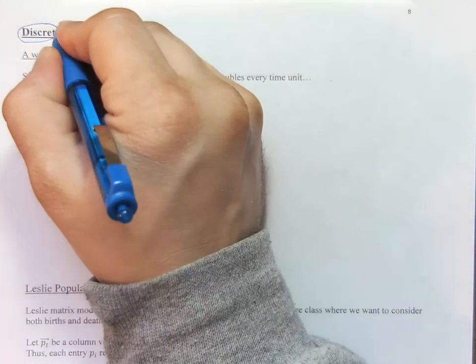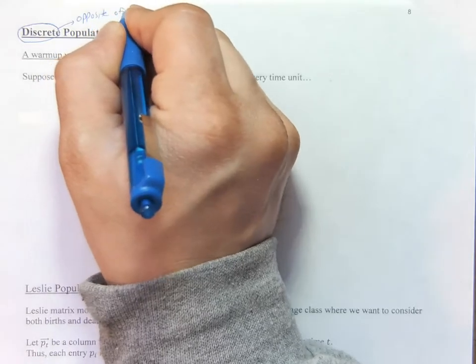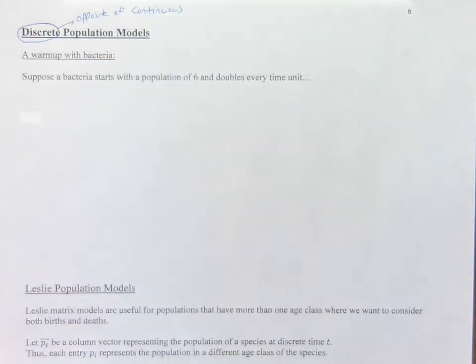So let me write that down. It's the opposite of what continuous means. If you remember that definition from calculus, continuous means that all the limits exist at all the points. Or, the physical way to think about it is when you trace your finger along the graph, you don't have to pick your finger up, right?